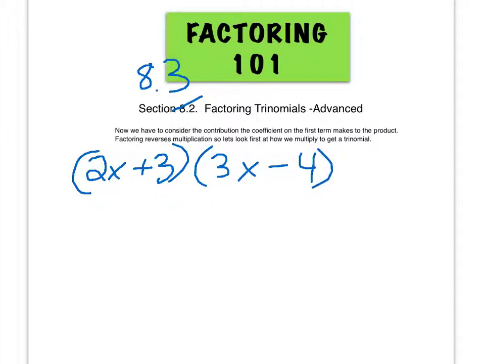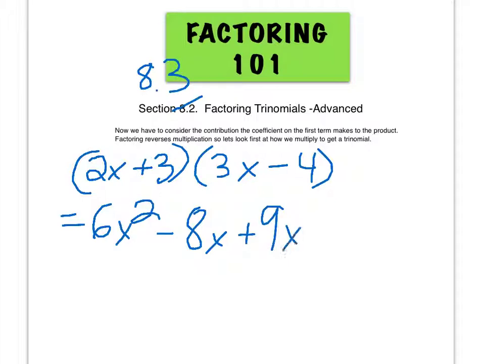If we multiply this together, the 2x and the 3x multiply together to give you 6x squared. The 2x and the negative 4, negative 8x, 3 times 3x, positive 9x, and 3 times negative 4, negative 12.